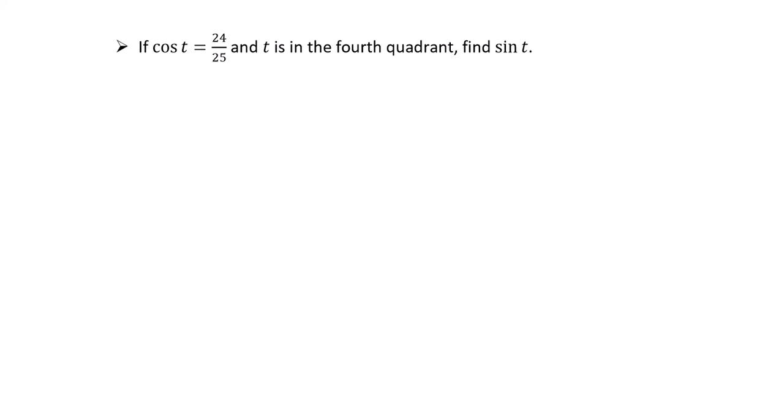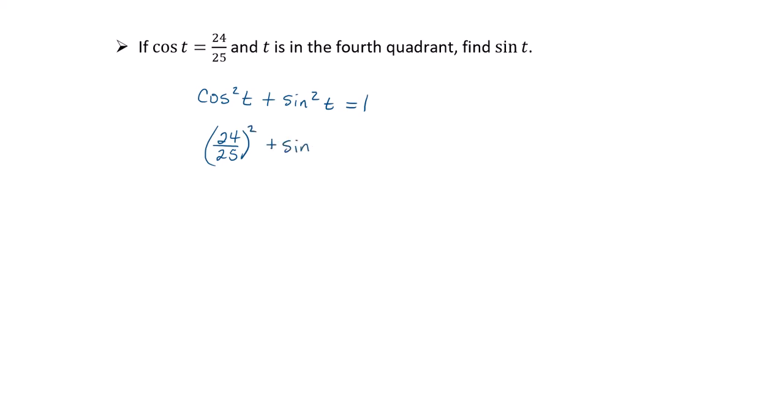If cosine of t is 24/25 and t is in the fourth quadrant, find sine of t. So a similar problem, but we don't have a picture this time. It's okay, we can still use the Pythagorean theorem. I have cosine squared of t plus sine squared of t equals 1. Now I'm going to replace cosine of t with 24/25, but in the formula that is squared.